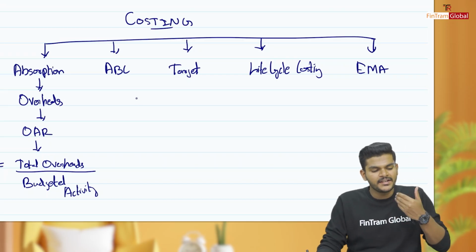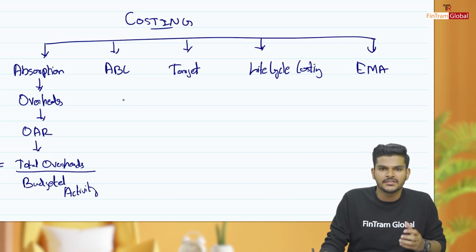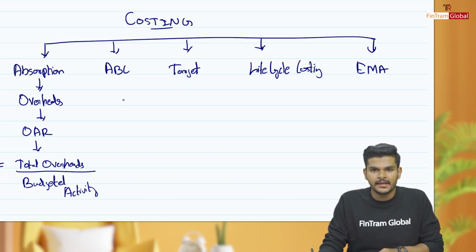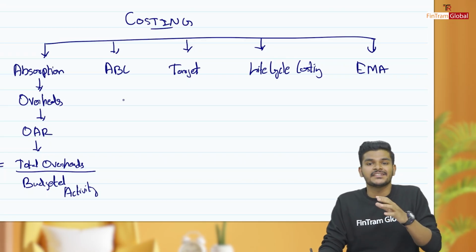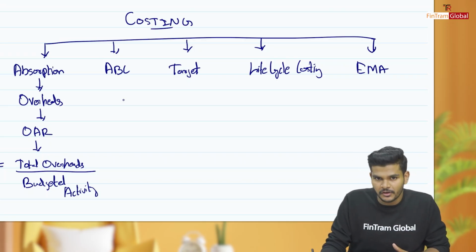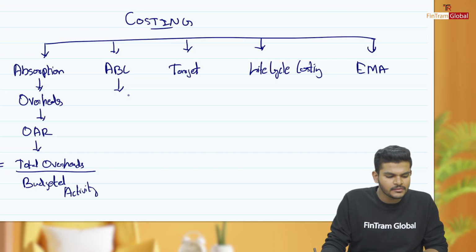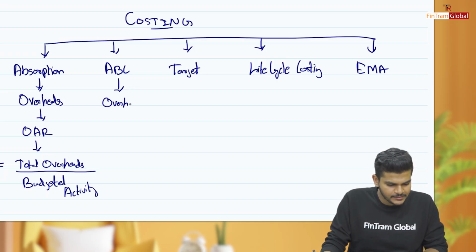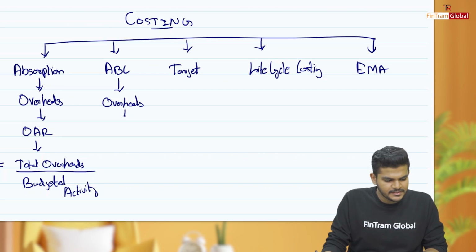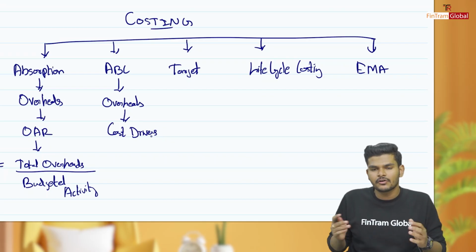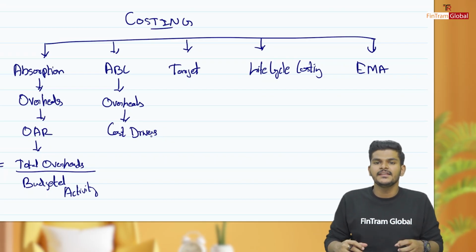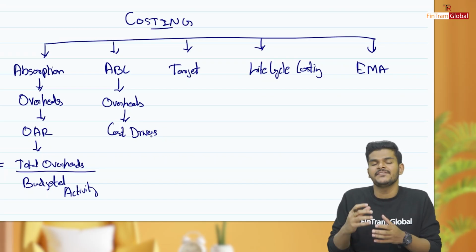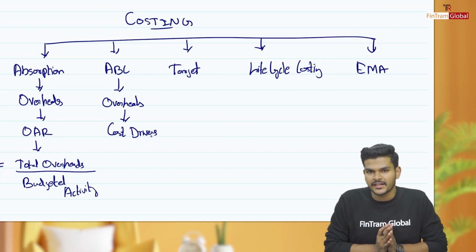Okay, but when it comes to activity-based costing, this is a bit more modern approach, and it's a bit more accurate as compared to the traditional approach of absorption costing. Okay, folks. So in activity-based costing, again we are absorbing overheads. But what's the difference here? Over here we are focusing on the cost drivers. We create cost pools and then identify the cost drivers or the driving factor of each cost within our organization.